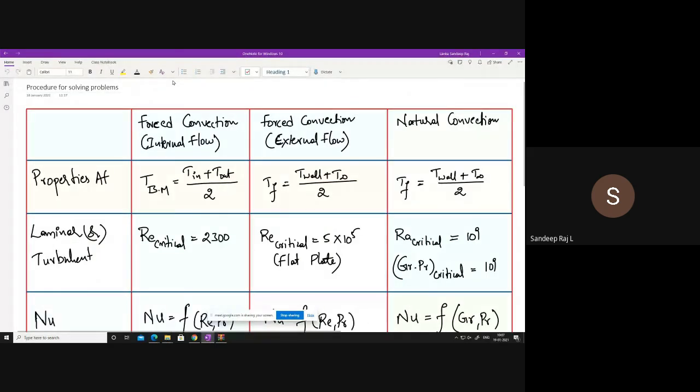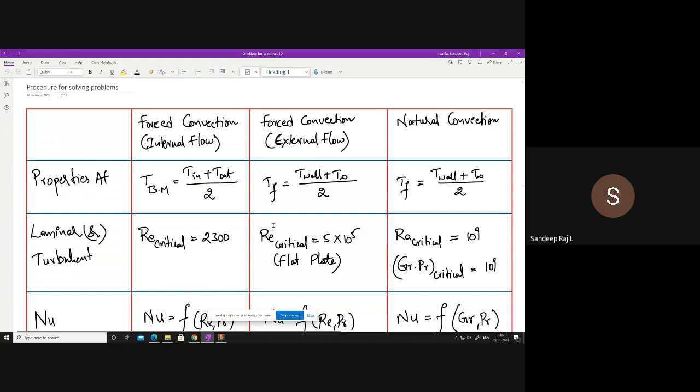So moving further, I have here a procedure for solving problems in convection. In convection, the basic thing is to find out in which particular case the problem is falling. The first case is forced convection internal flow, the second case is forced convection external flow, the third case is natural convection.